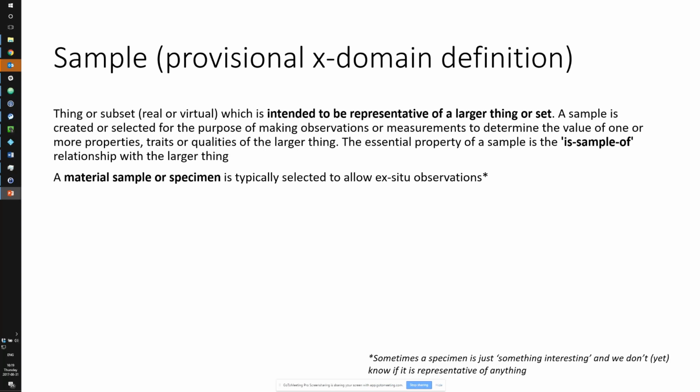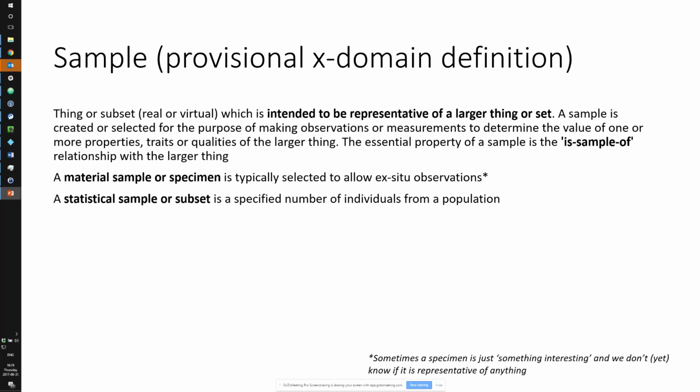It has been commented by the life scientists that sometimes a specimen is collected because it's interesting and we don't yet know if it is representative of anything. But under this provisional definition of sample, the intention is that when we are sampling, we are characterizing something bigger, be it a bigger formation or a bigger organism or a bigger population.